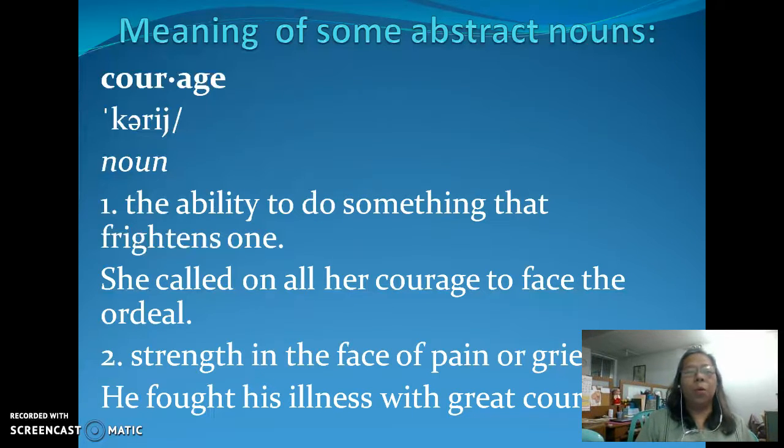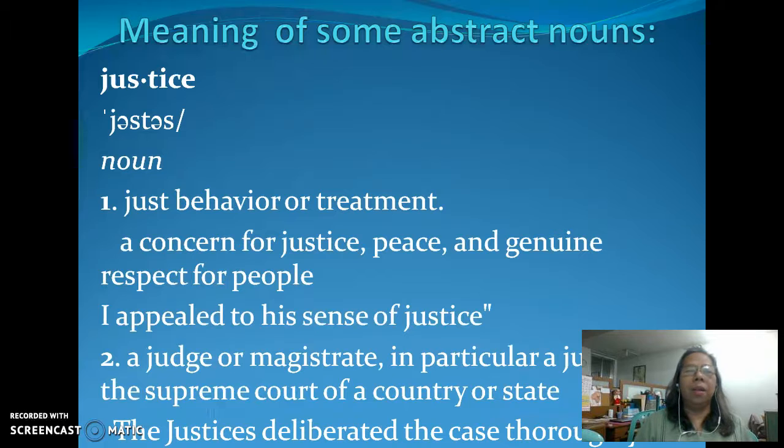Okay? So, the third word that I want you to see the meaning of is the term justice. This time, I'd like you to notice how the two meanings categorize the term justice both as abstract and concrete.